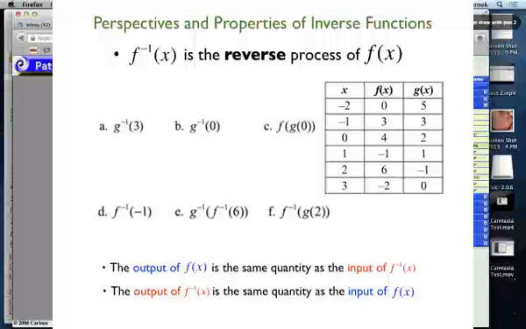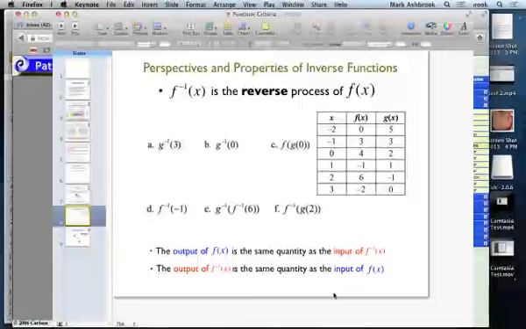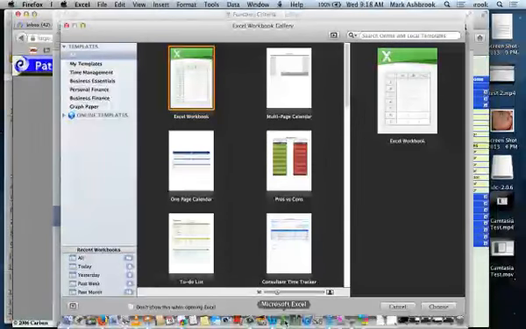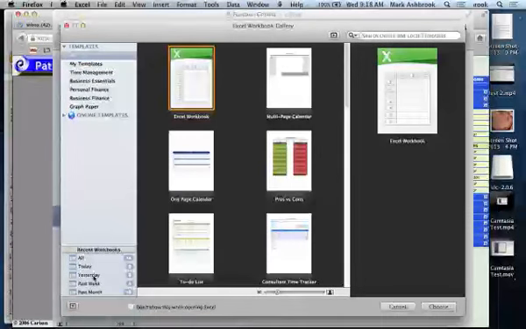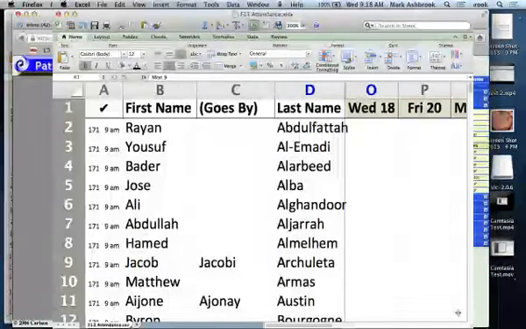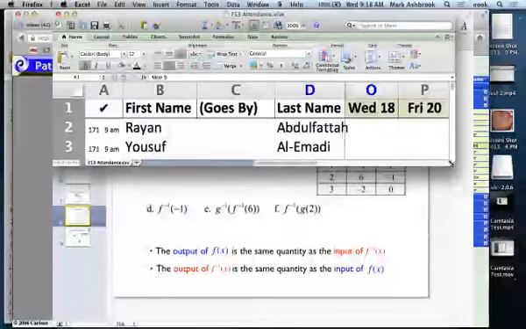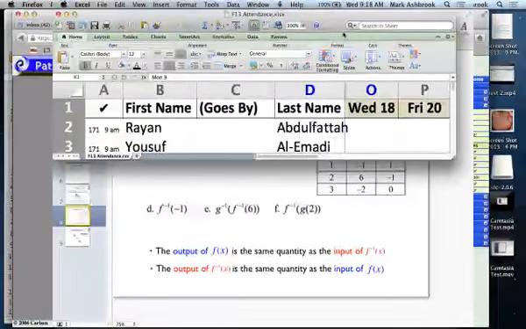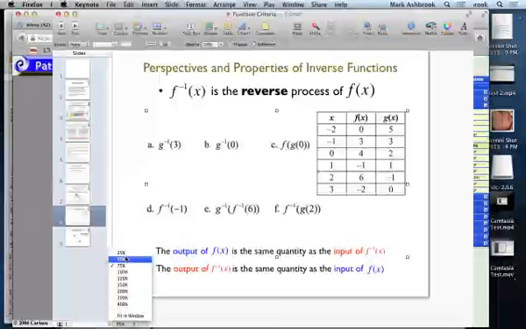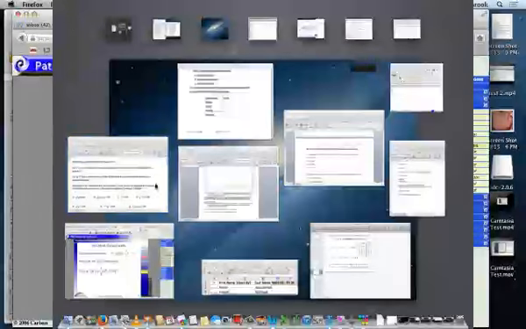So page 103, number 4. Okay, get a partner, share what you did, compare what you're thinking.